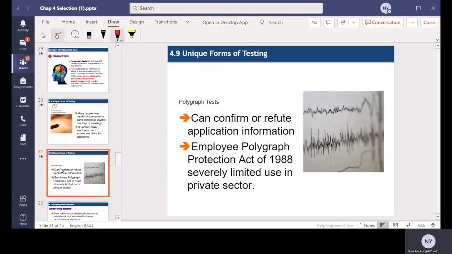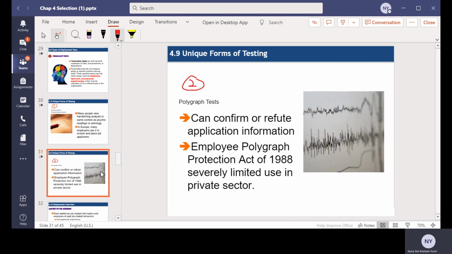The second one is the polygraph test. Maybe you have heard about this. We call it also a lie detector test. They want to make sure that the candidates are telling all the correct information. So they will check your heartbeat.